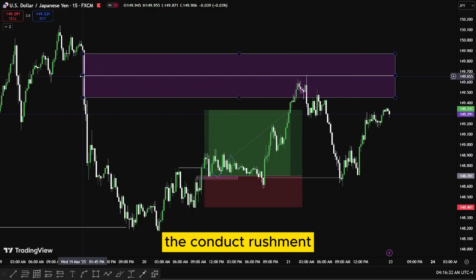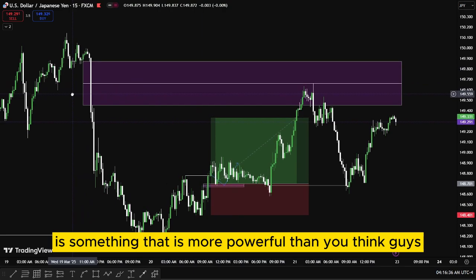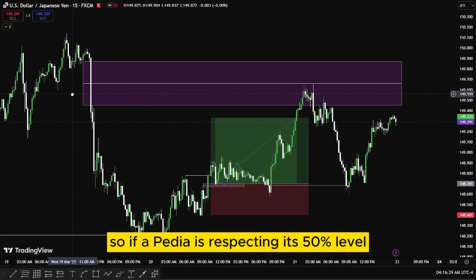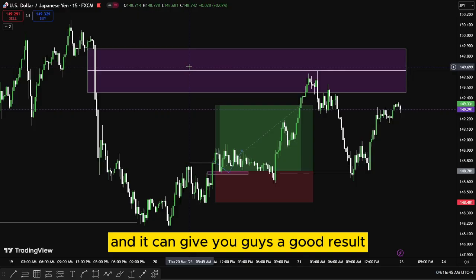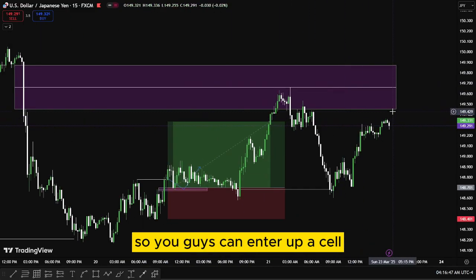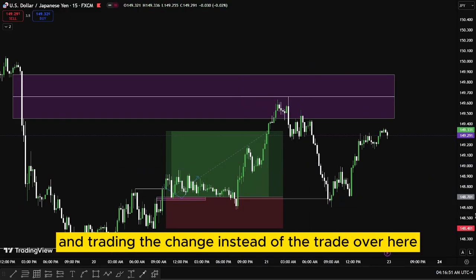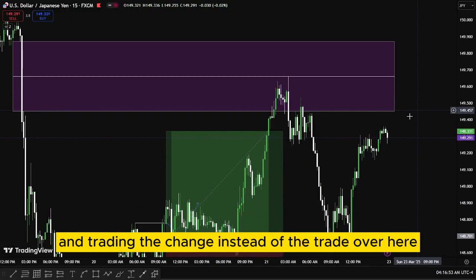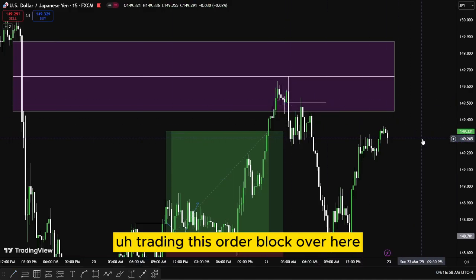The consequent encroachment is more powerful than you think, guys. If a PD array is respecting its 50% level, that means the PD array is valid, and it can give you guys a good result. So you guys can enter a sell trade targeting this fair value gap, trading this order block over here.